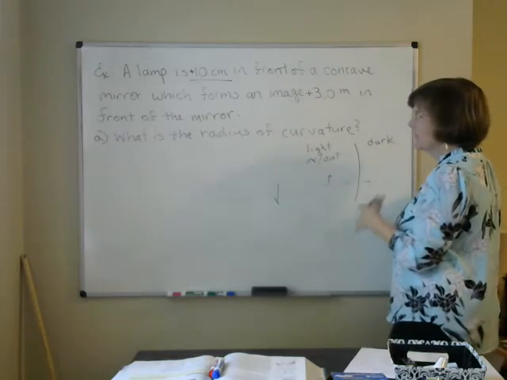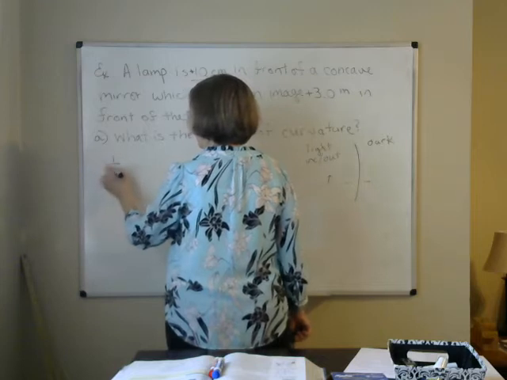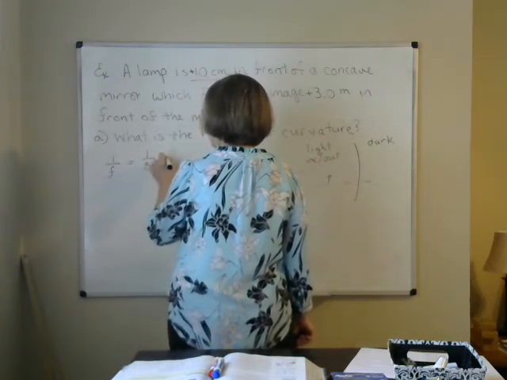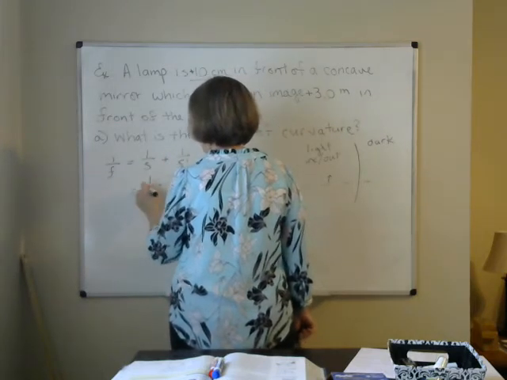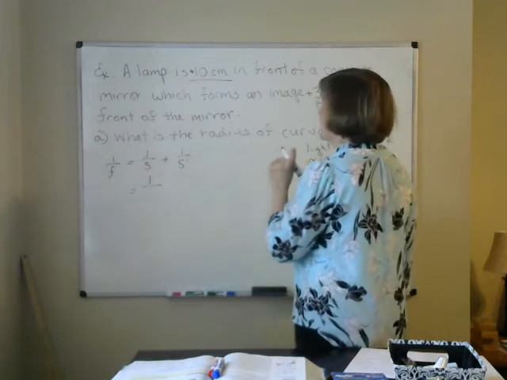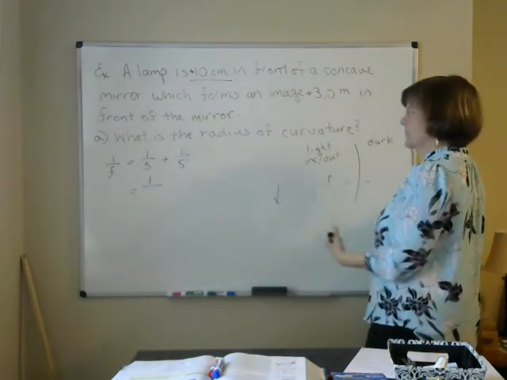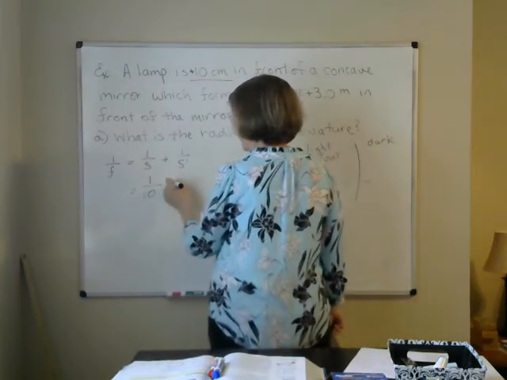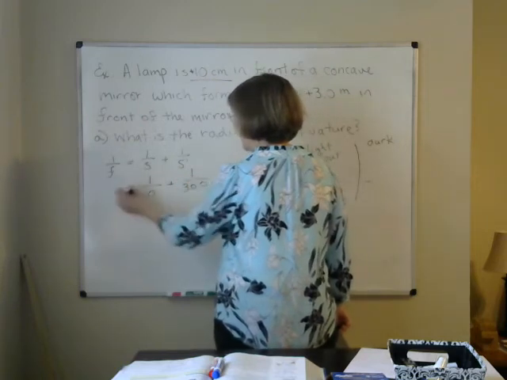So I know this is also positive 3 meters. So to find the focal length, I know 1 over f equals 1 over s plus 1 over s prime. We either need to work in centimeters or we need to work in meters. I'm going to work in centimeters. So the object is at 10 centimeters. The image is at 300 centimeters.